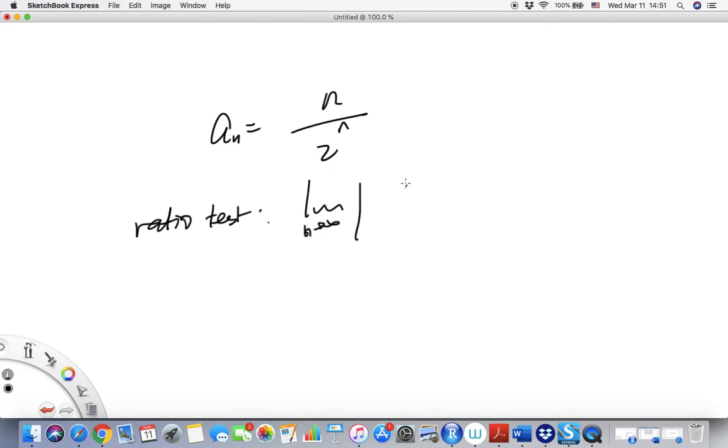Next, an is equal to n over 2 to the n. Whenever we see that n is in the exponent, we can use the root test or ratio test. So we can do, say, the ratio test. Then we need to evaluate the limit of the ratio.